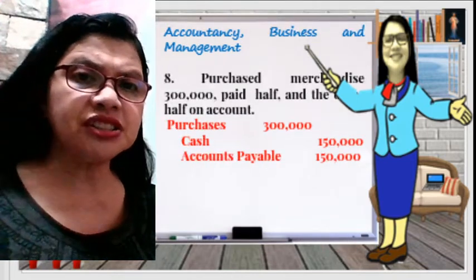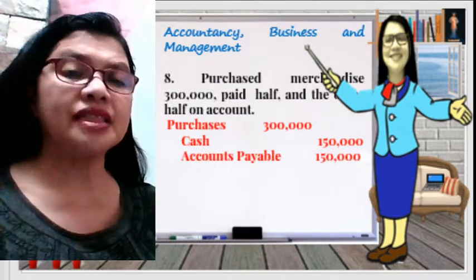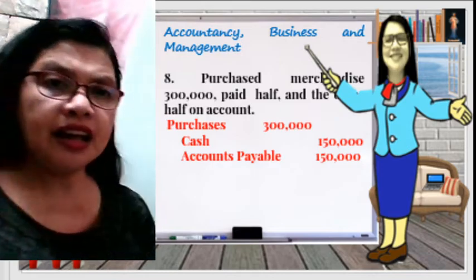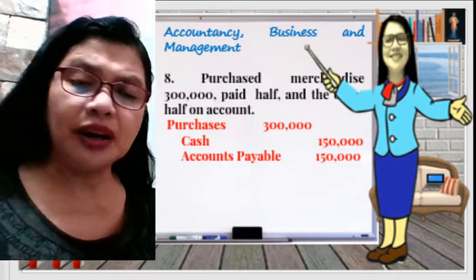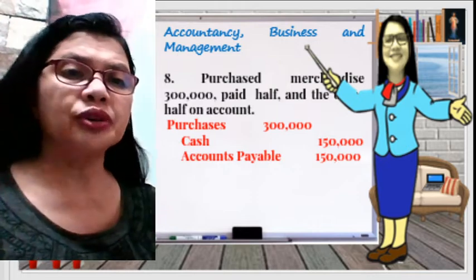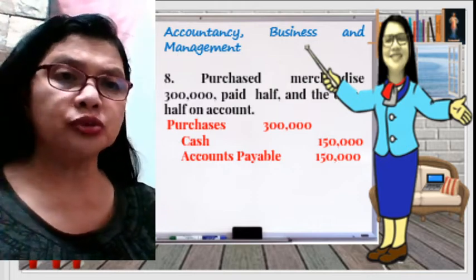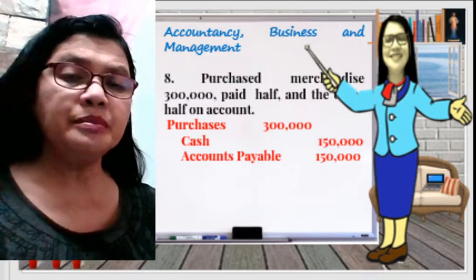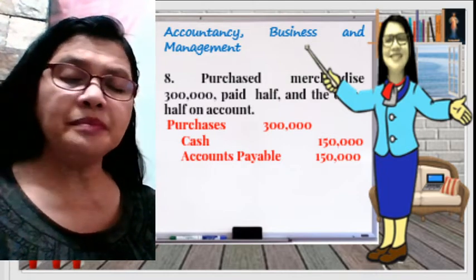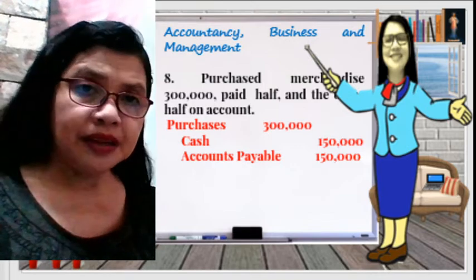Then we have purchased merchandise, 300,000, paid half, and the other half on account. So we debit purchases. Why did we debit purchases? So that we will be able to track the cost of goods being purchased by the company.